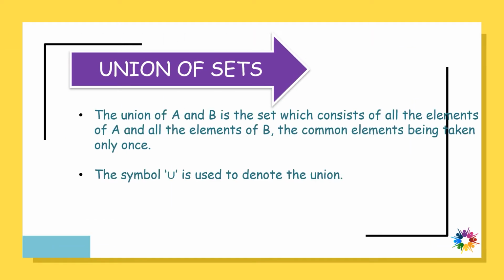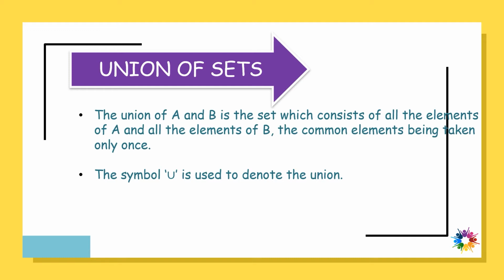So what is union of sets? It is the collection of all elements being taken only once. We'll combine the elements of two sets and write it as one set, with each element taken only once if we have any repetition. If there is overlapping, we will take the common elements only once and write all the elements together in the set braces.